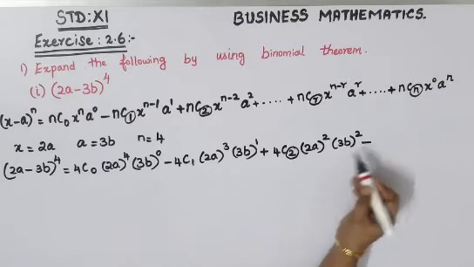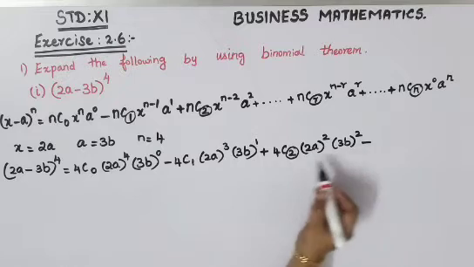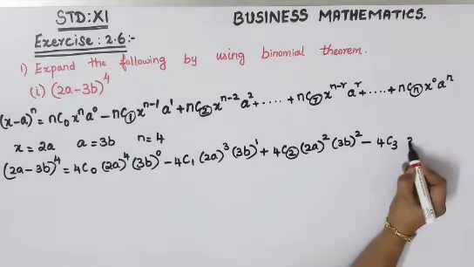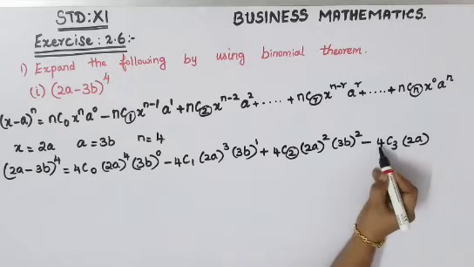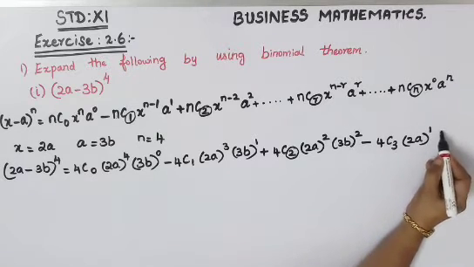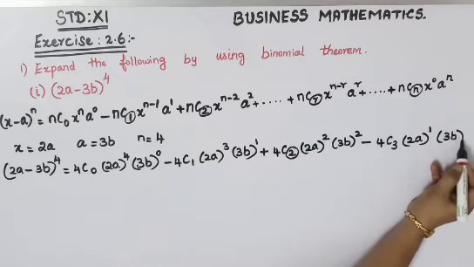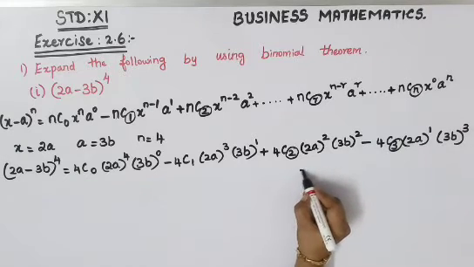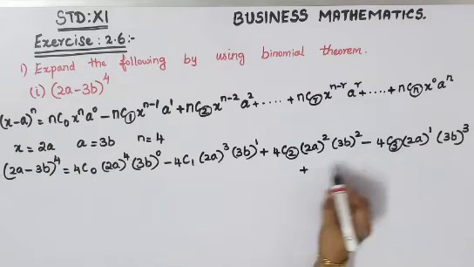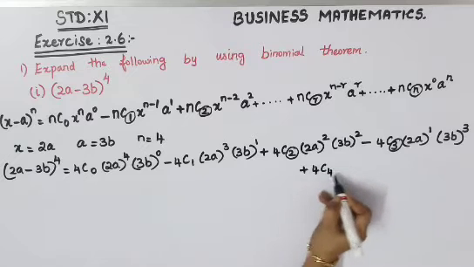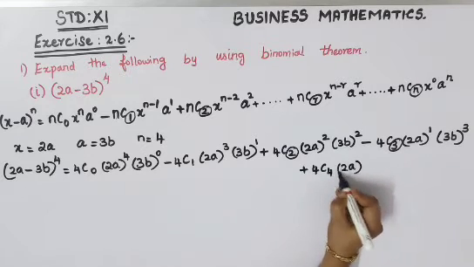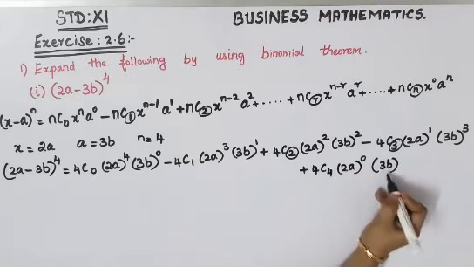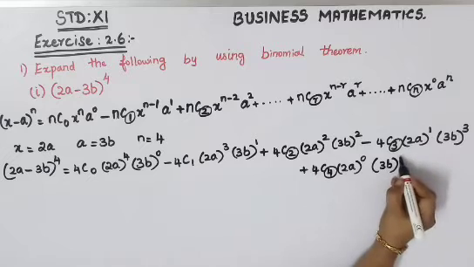Your next one is minus, since you have given plus here, put minus. 4C2 is finished, so next one will be 4C3, (2a) power 4 minus 3 is 1, into (3b) power 3. Next is plus, 4C4, again (2a) power 4 minus 4, so it will become 0, then (3b) power 4.